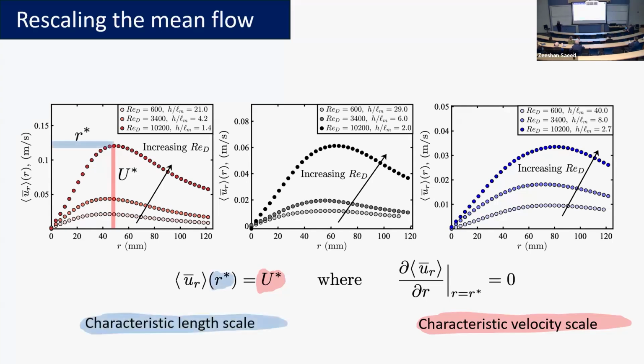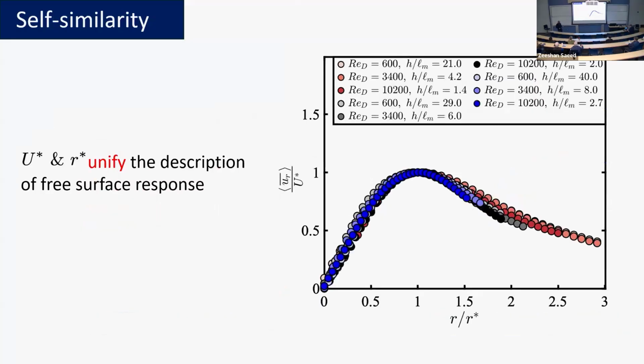And for the length scale to scale my radial distances, I pick the radial location where this maximum occurs. And what happens is that if I recalibrate my velocities, everything collapses onto a single curve. So in that sense, the velocity scales that I'm identifying are in some way unifying the description of the free surface response.